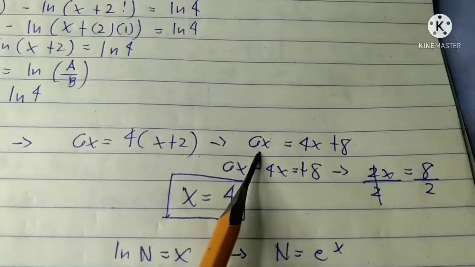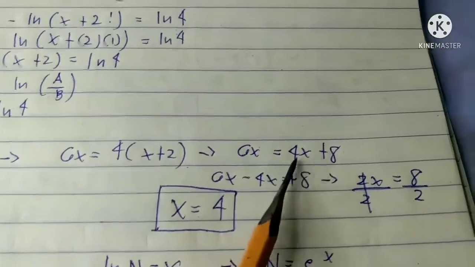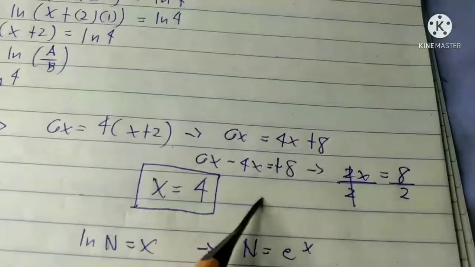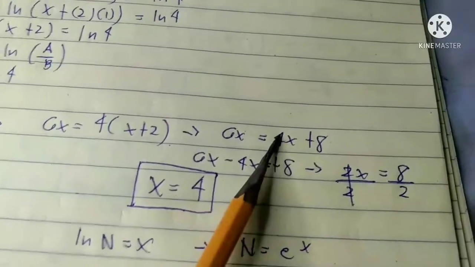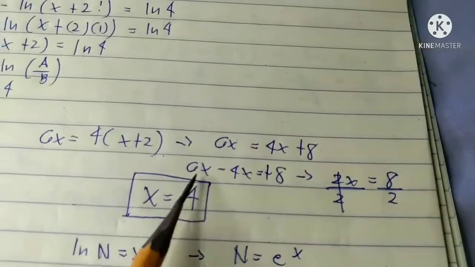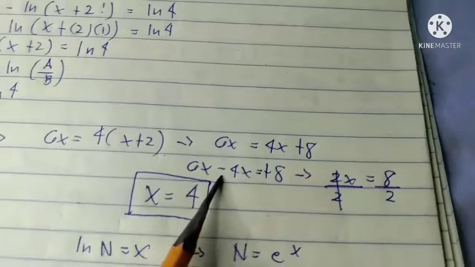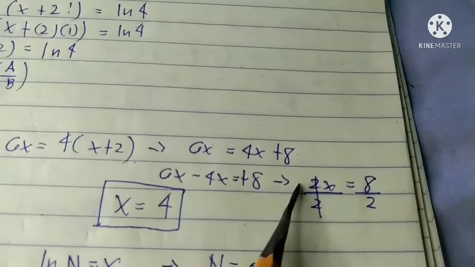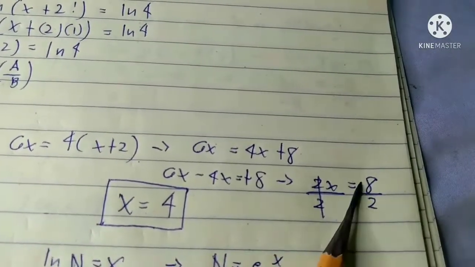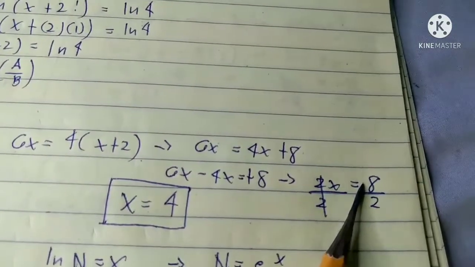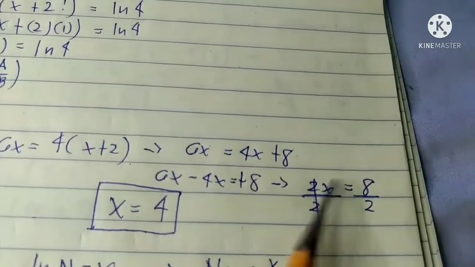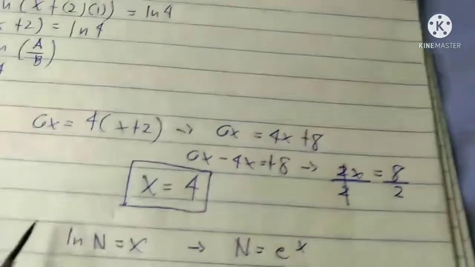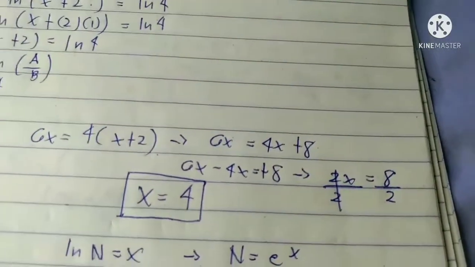And then if we simplify, we get 6x equals 4x plus 8. Then what we're gonna do here is to transpose this to the other side. So we'll get 6x minus 4x equals 8. So we have here now 2x equals 8. Then we divide both sides by 2, so we can cancel out. Then we have 8 over 2, so our x is equal to 4.